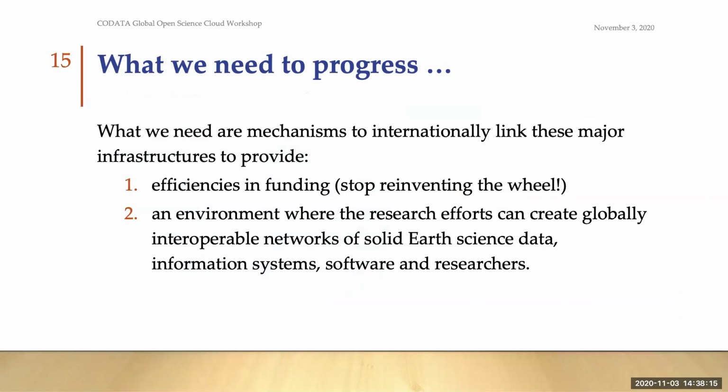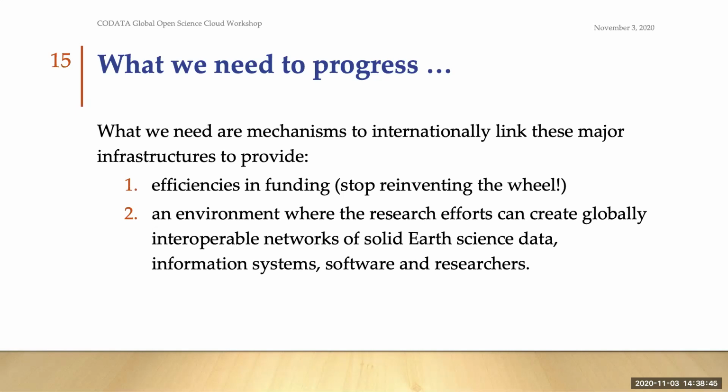So with all of these efforts, I think it is evident that what we need to communicate is that we need mechanisms to internationally link a lot of different ongoing efforts to build global infrastructure. And for that, we need an environment where all these research efforts can create globally interoperable networks of solid Earth science data, information systems, software, and researchers.